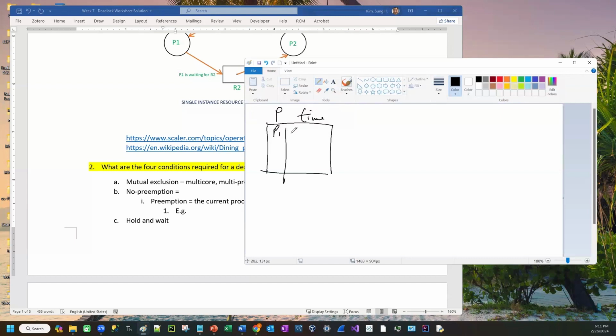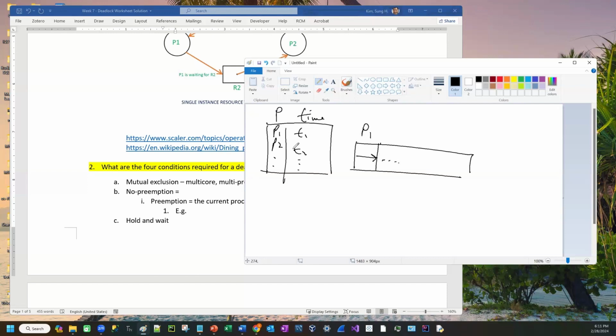If you have P1, P2, and so on, maybe this would be T1, T2, and on. So when we look at the diagram here, P1 is moving along, like that.